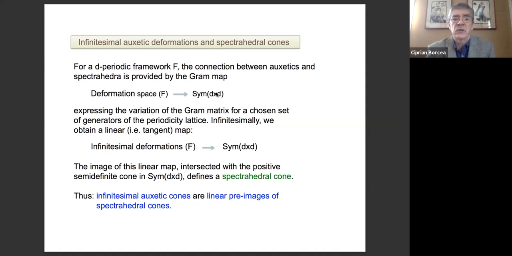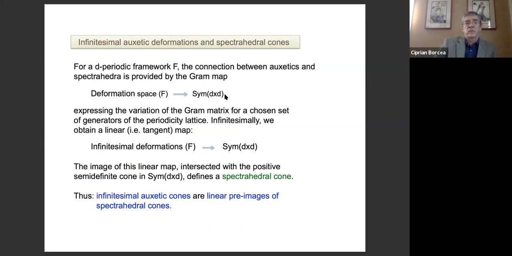We shoot to the gram matrix of the D vectors generating the lattice at that moment. So this gives us a symmetric positive definite point here. So this is the gram map.